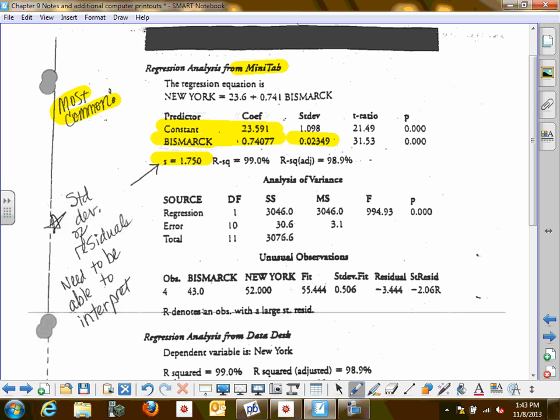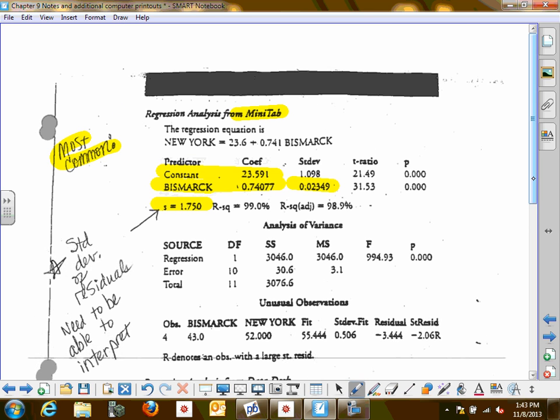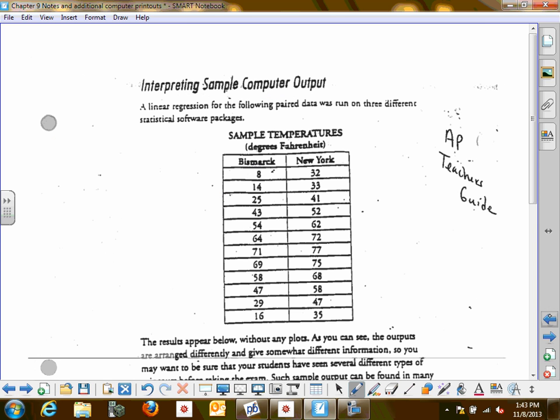Now, I want to give you an example of how you would write out an interpretation of that. So, let's remember what this is about. First of all, this is a problem. Here is your data. You are attempting to predict the temperature in New York from the temperature in Bismarck.